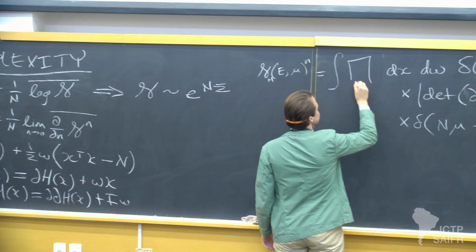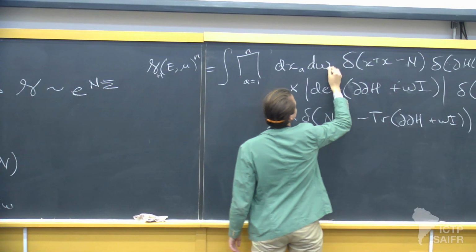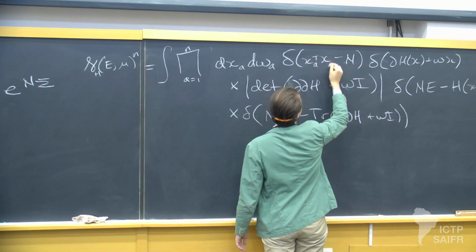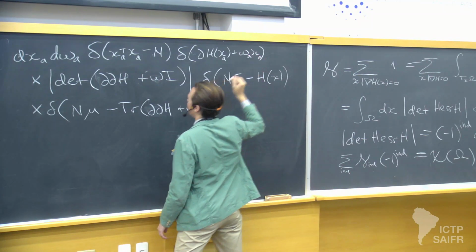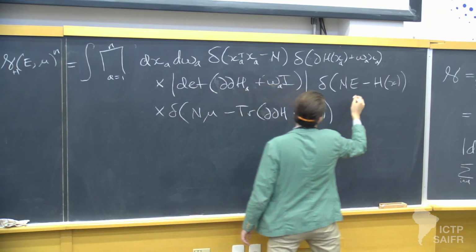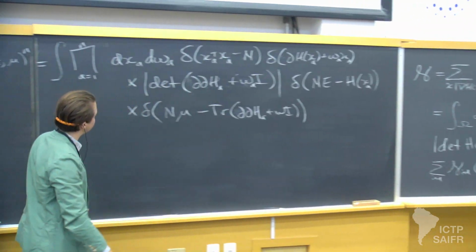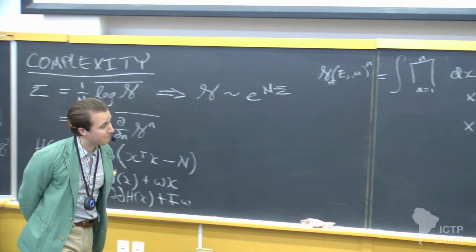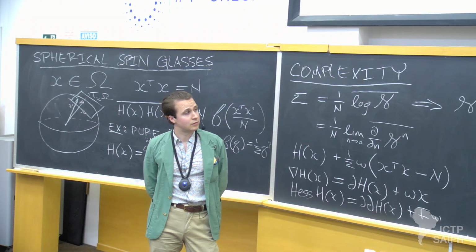So we have some index a, which goes from 1 to n, and we have to put an a on everything throughout. This depends on x, so that gets an a. Is it diagonal in the replica?